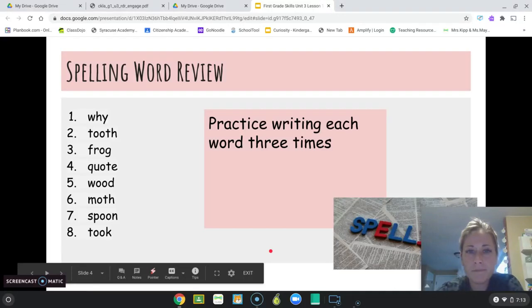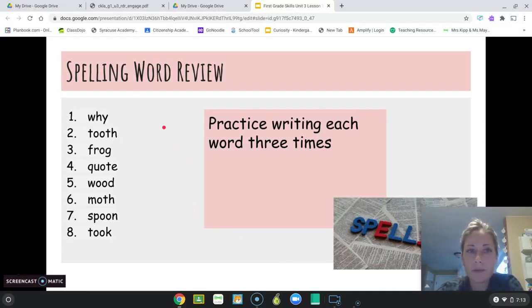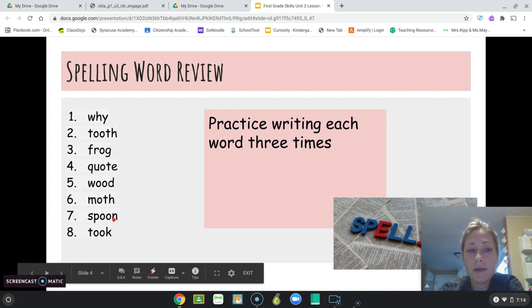Nice job. All right, so once again, our spelling words this week are Y, that's your tricky word, tooth, frog, quote, wood, moth, spoon, and took.